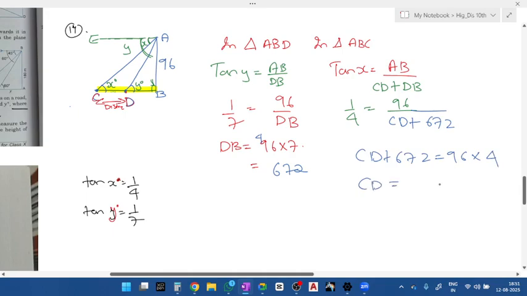CD is equal to, calculate this, minus 672. Is it negative? 288. Okay.